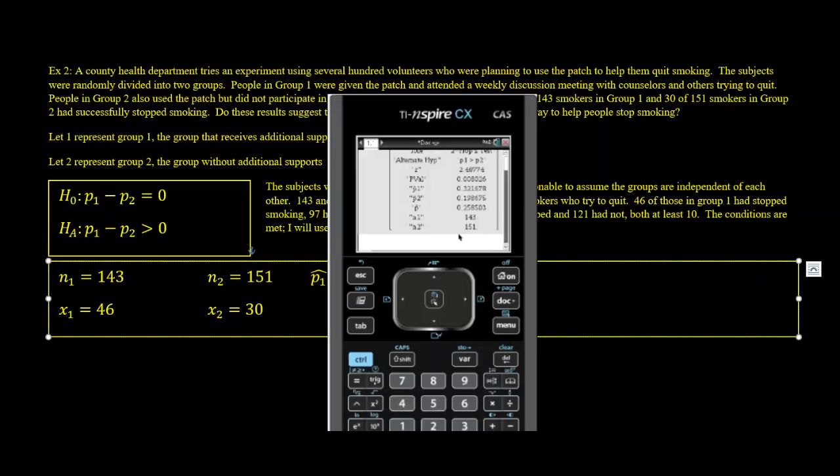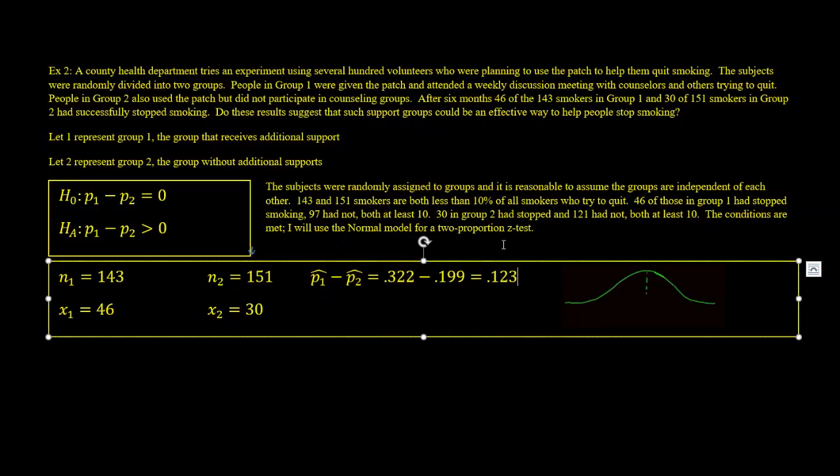The z-score and the p-value are the main things we're interested in. It went ahead and calculated that difference for us as well. That's the p hat there. But we're just worried about really that z-score of 2.40 and our p-value. So now let's look at the normal model with this real quick. 0 is our difference.